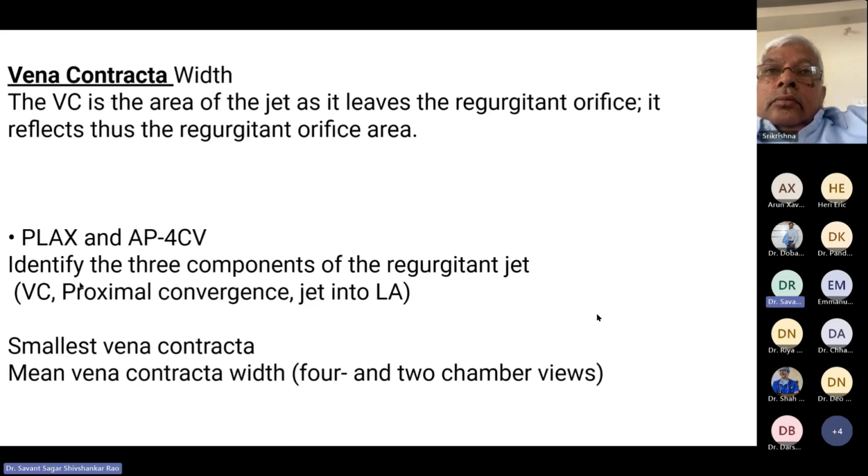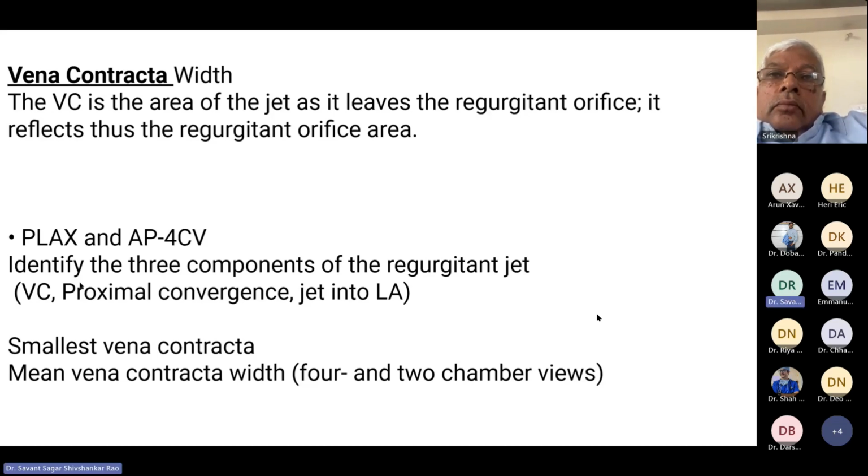So the vena contracta is the area of the jet as it leaves the regurgitant orifice. It thus reflects the regurgitant orifice area. First we have to take a parasternal long axis view and a four-chamber view. Then we have to identify the three parameters, that is vena contracta, proximal convergence, and jet into LA.